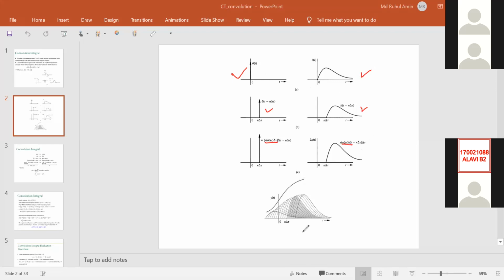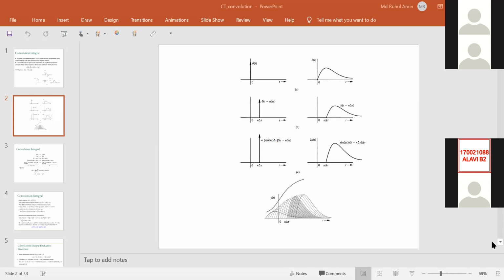If we keep shifting our impulses and sum the responses together, it takes the form of a continuous output y(t). We will illustrate this with some examples, and you will find it very simple. This gives you an integral that we call the convolution integral.